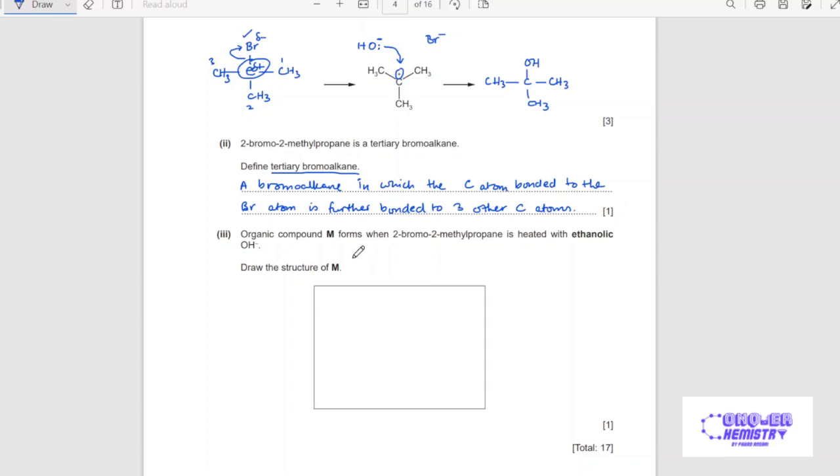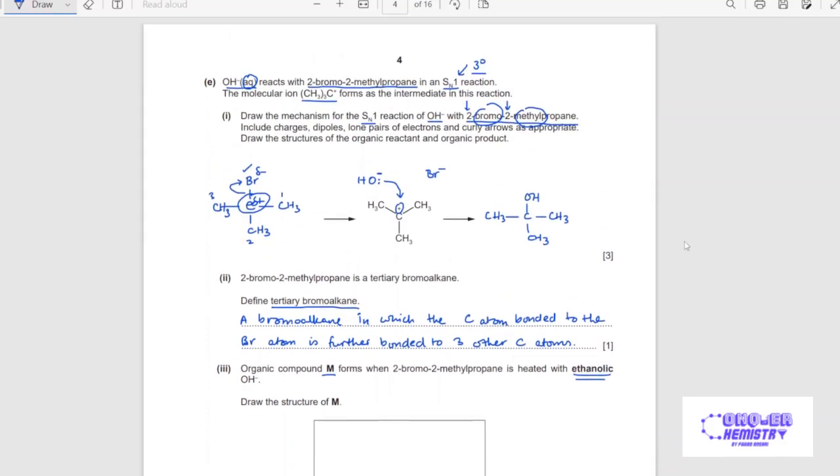Now it says organic compound M forms when 2-bromo-2-methylpropane is heated with ethanolic OH minus, right? Now there was a reason why I highlighted aqueous over here. When you have aqueous hydroxide ions, that results in a nucleophilic substitution reaction, SN, substitution nucleophilic.